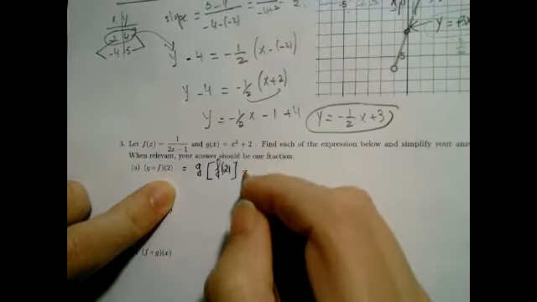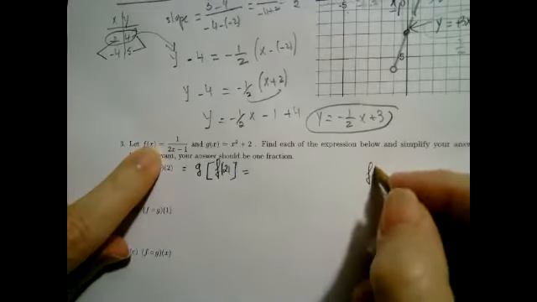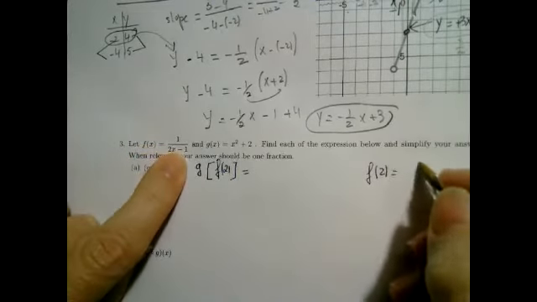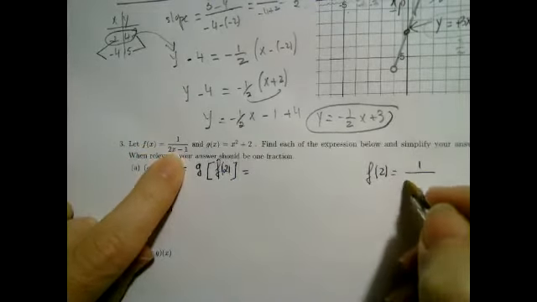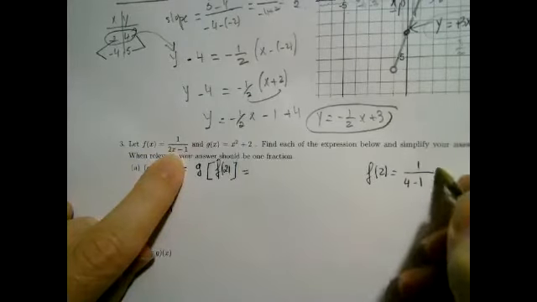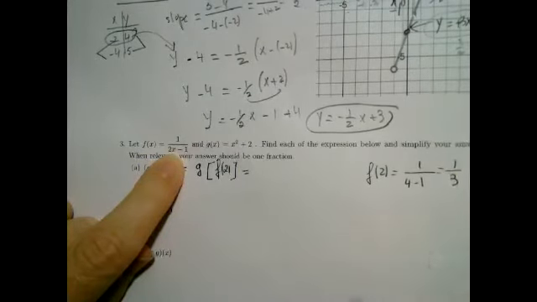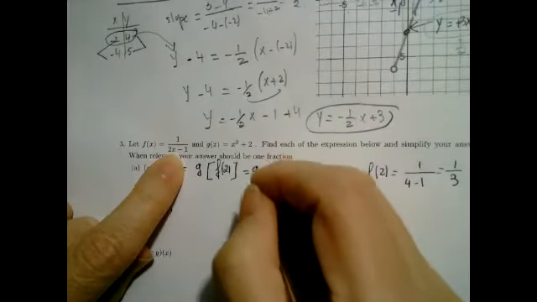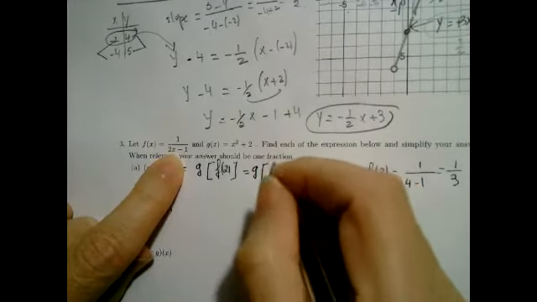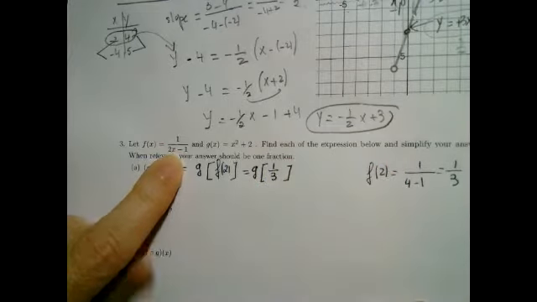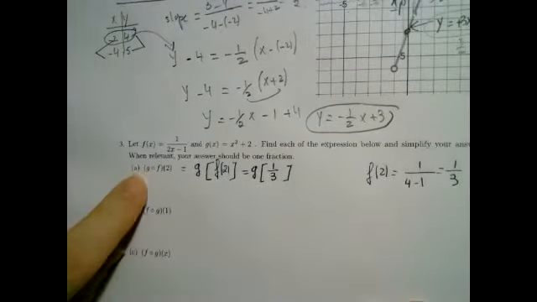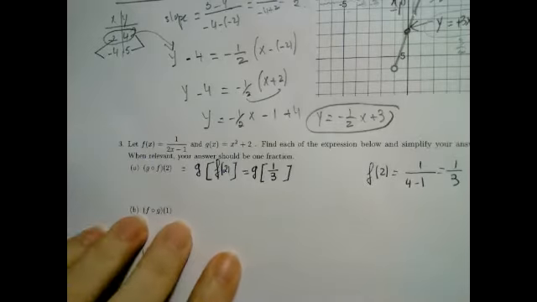Now on the side, f of 2 is 1 over 2 times 2 minus 1, which is 1 over 3. That's f of 2. So this is equal to G of 1/3. It's not multiplied. This little circle means G of.